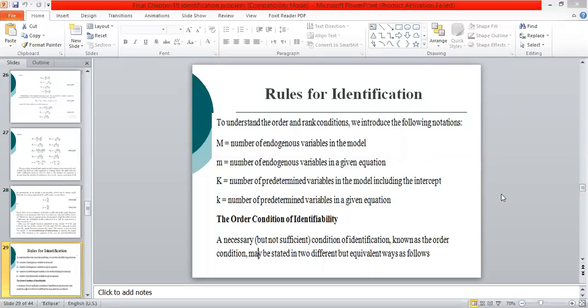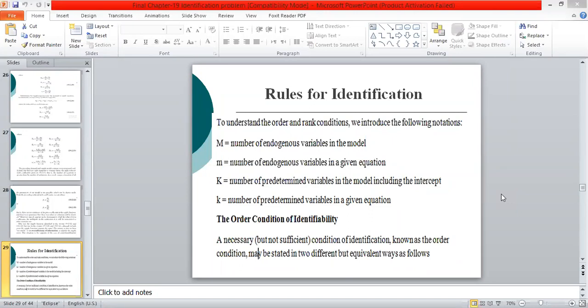For example, order and rank conditions of identification make the task of identifying the equation much easier as compared to the reduced form equation methods. So in this class, we look at what the order and rank conditions are.